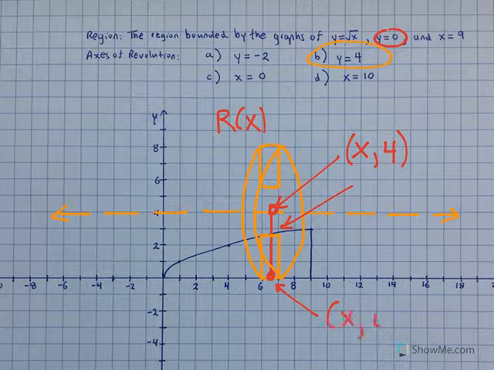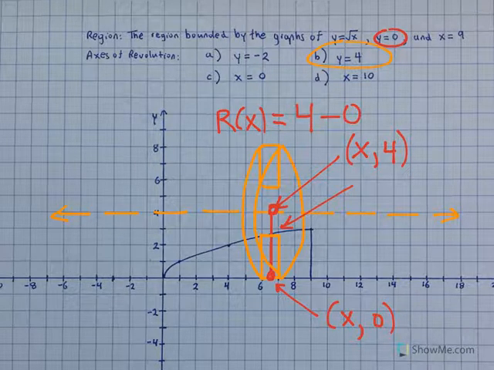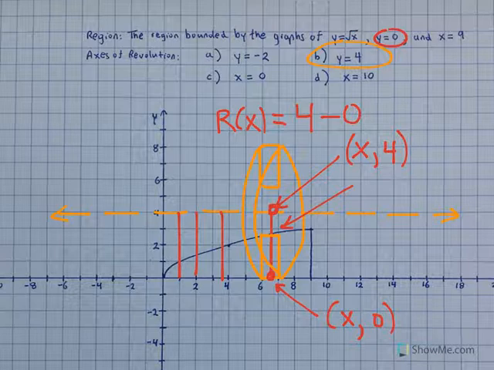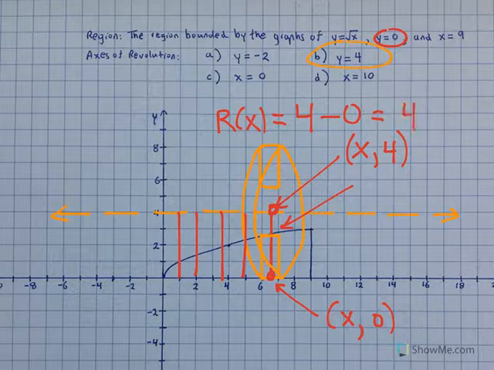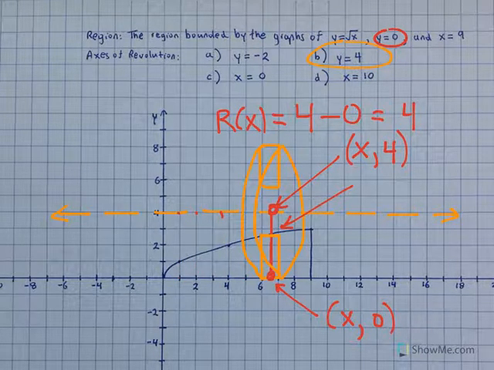So the bottom endpoint is on the line y equals 0. So what is uppercase R of x? It's the length of this arbitrary vertical line segment, and it's 4 minus 0. So no matter where you draw this vertical line segment, from the axis of revolution to the outside edge of your washer, it's always going to be a constant 4 for uppercase R for this problem.